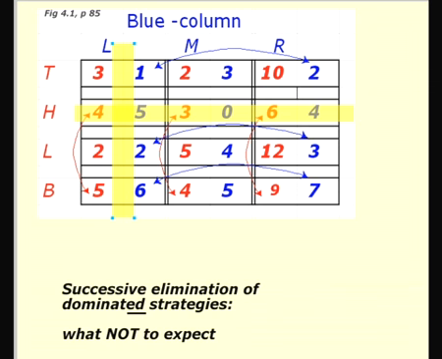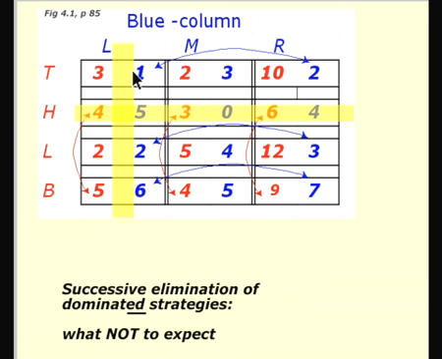So let's eliminate L. Remember, the idea is this is in your head. You're trying to cut out things that are bad. Well, L wasn't really bad all the time, but once you eliminated H, it is bad. Now, can we keep going? Well, yes, we can. We can eliminate T and B for the red player, and why is that?